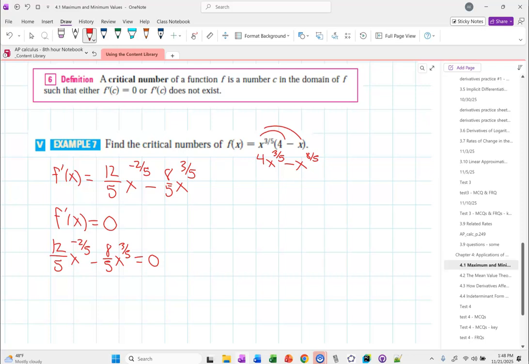Times 5 x to the 5th. Well, if I multiply x to the 5th, when I multiply things with the same base, what do I do to their exponents? Add them. So -2/5 plus 1/5 still is a fraction up there. But you're close. It's really close.